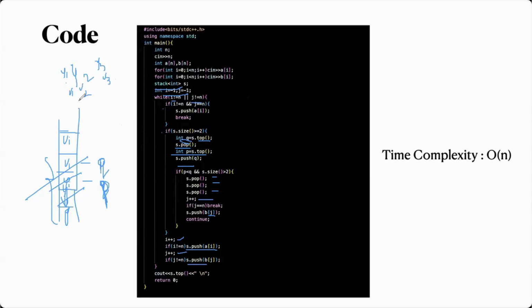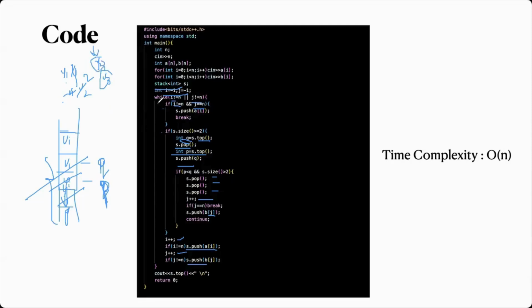If we implement the stack approach and say V2 was greater than Y2, in that case, we would pop off V1, V2, and Y2 from the stack. Then we would increment J and we would insert V3 inside the stack. Now there would be a condition that J would be equal to N, while I is still not greater than or equal to N, since I is N minus 1. Like, this element is still left to be inserted inside the stack.